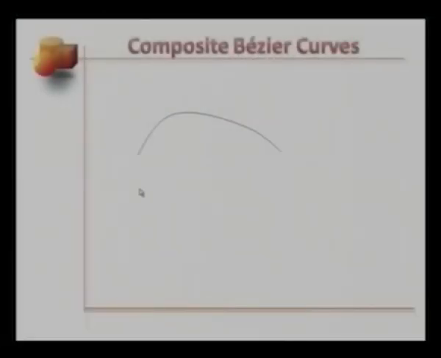Let's start with the first Bezier segment. And let's try to generalize our discussion here. Even though I have mentioned before that this should be a low degree polynomial, let's try with a general n degree Bezier segment. Likewise for the second segment over here.